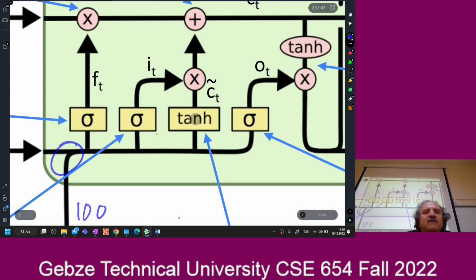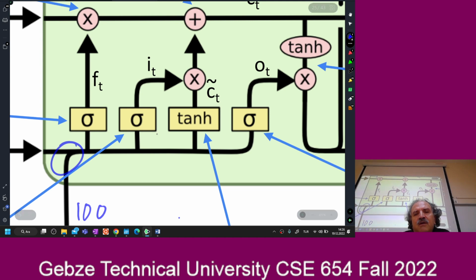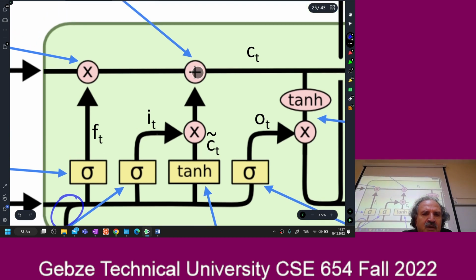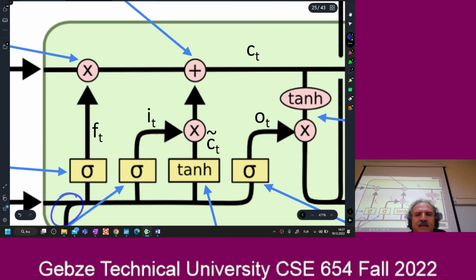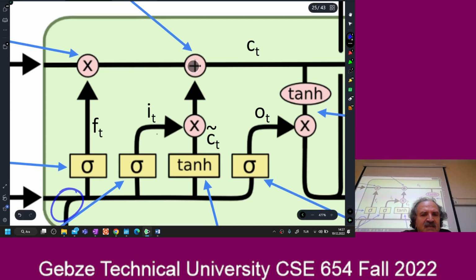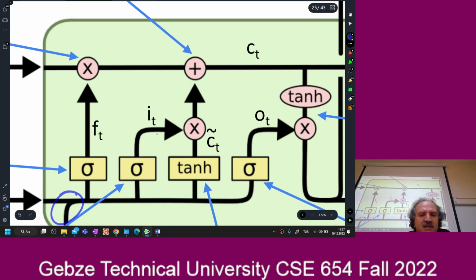This one is going to tell you what you should learn. It is between -1 and +1 because whatever the output is going to be added to my cell state. Sometimes it can diminish some of the effects, sometimes it's going to increase it. This one makes the decision how much of it should I learn.